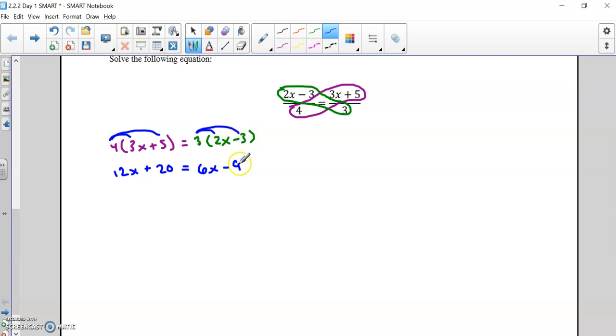Now that we're here, this is just old stuff. We want to move things around and get the x's together. It would be most beneficial to subtract the 6x from both sides. There are multiple ways you could go about this, but personally this is the step I would take. Here it cancels. Here you end up with a positive 6x, since 12 minus 6 is 6, and the 20 just stays how it is. On this side we have a negative 9. Now we need to get that x term by itself, so let's move this 20 to the other side.